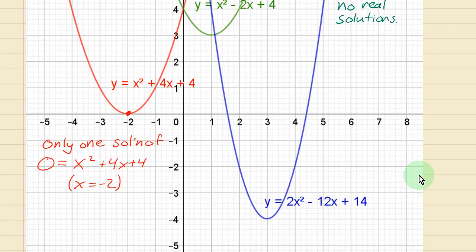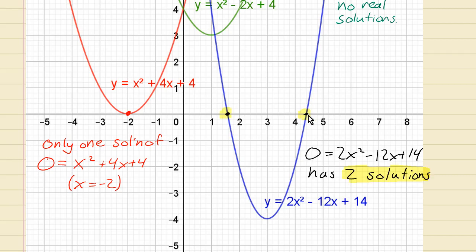And with the blue one here, there are these two values that look like values of x that make y 0. Those two values of x are approximately 1.6 and 4.4, something like that. So this has two solutions.